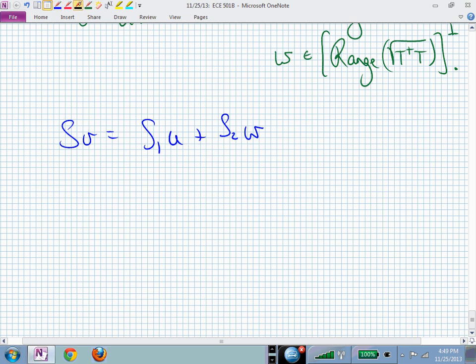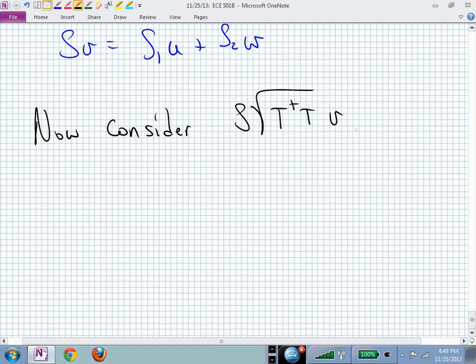And what we want to do is look at this map S in total, S positive square root of T dagger T. Now consider S square root of T dagger T V.